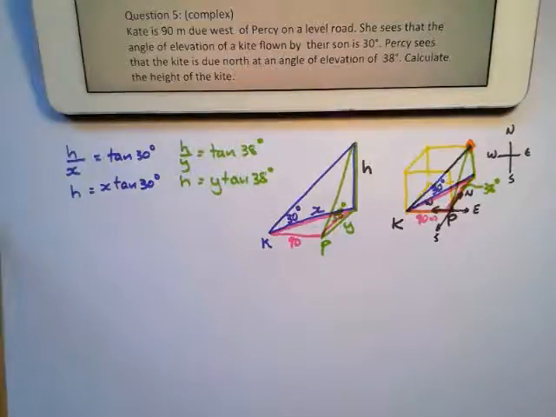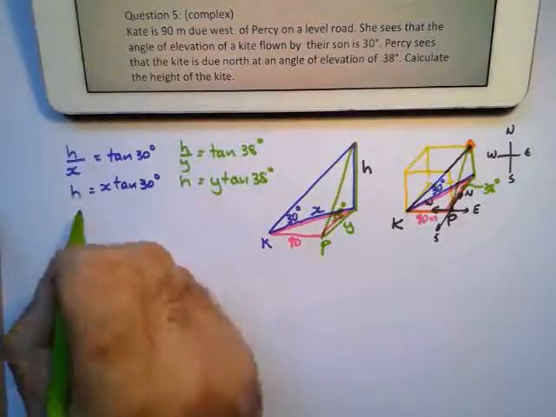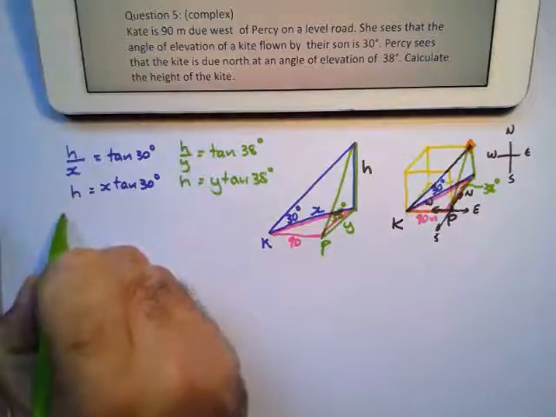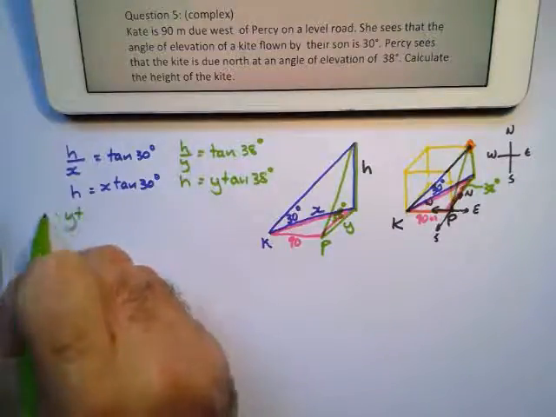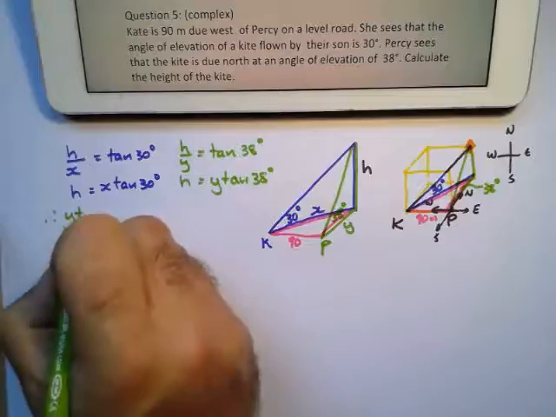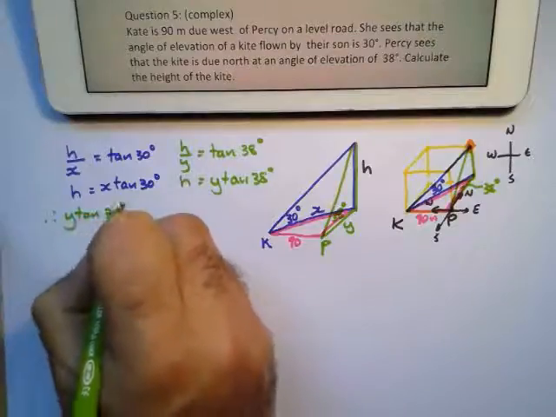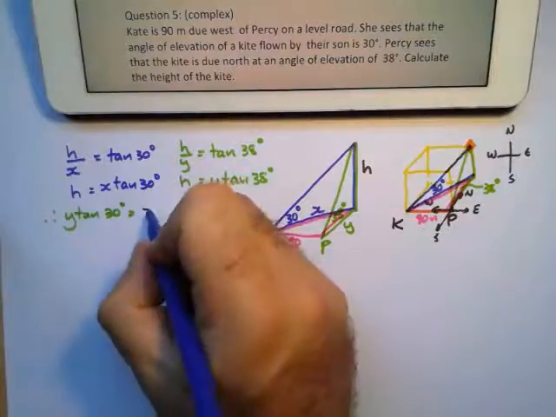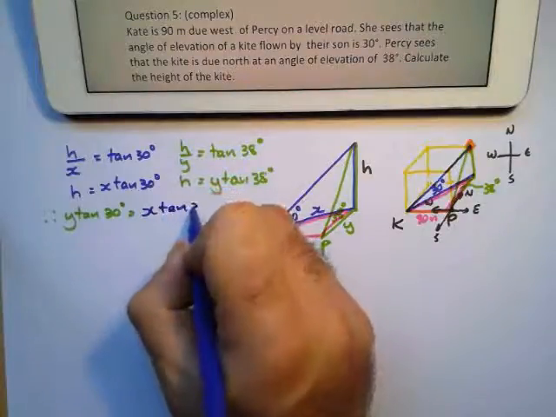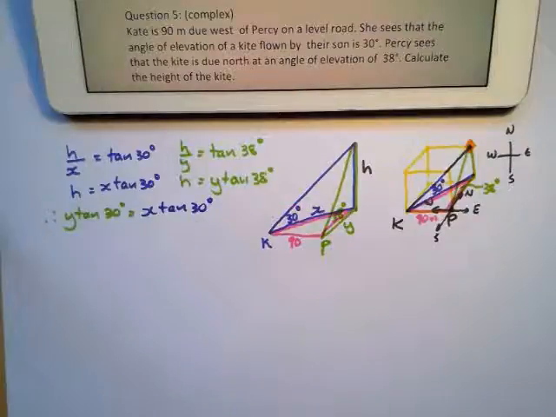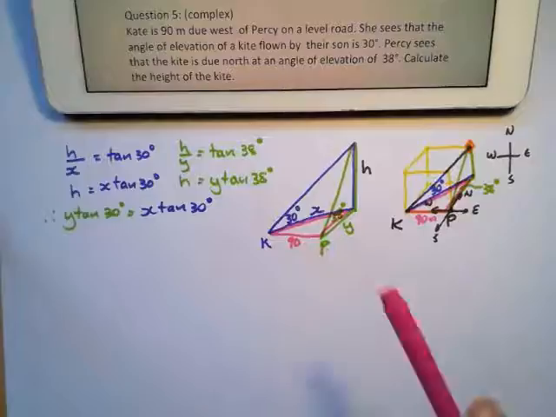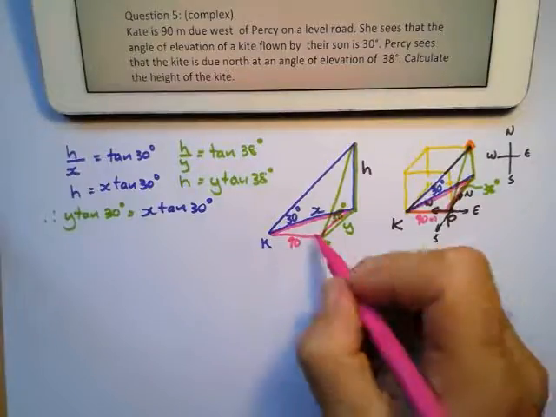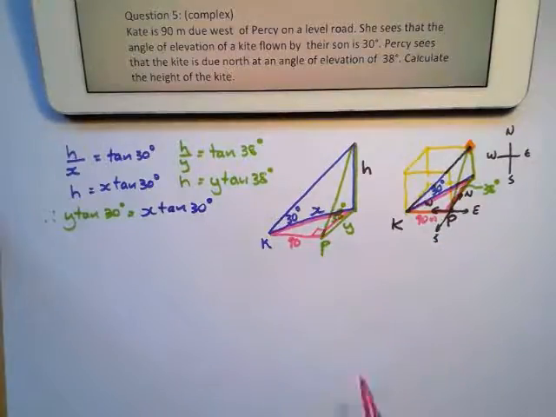You might not know to do it first off. So what I'm going to do is say, therefore, y tan 38 degrees equals x tan 30. And I'm going to divide by x on both sides, because in my pink triangle, remember this is now 90 degrees.